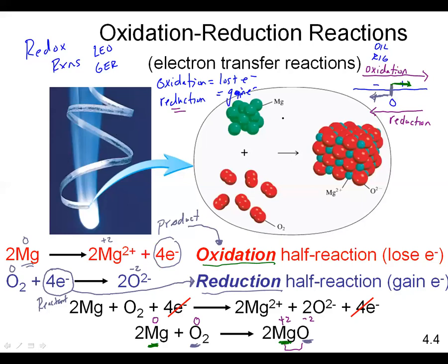Because technically speaking, O2 is 2 oxygens, where each oxygen will gain in the balanced equation 2 electrons. And that is also why we needed 2 magnesiums, because each magnesium here will lose 2 electrons. Grand total of electrons lost, 2 and 2 is 4.